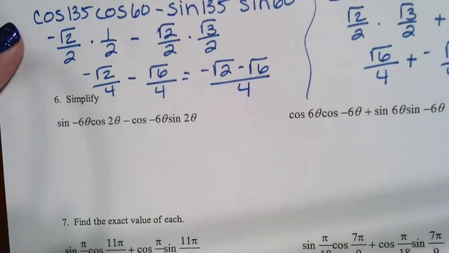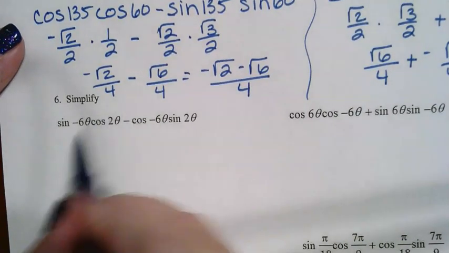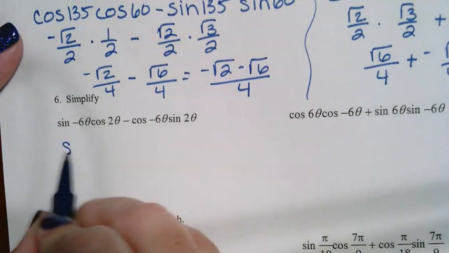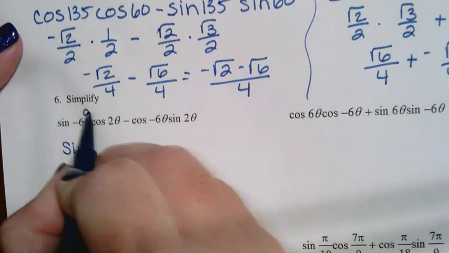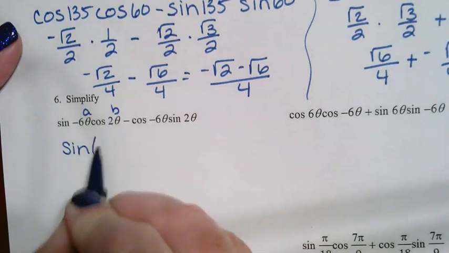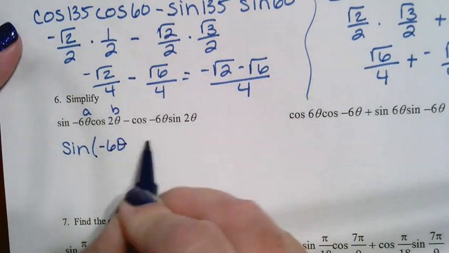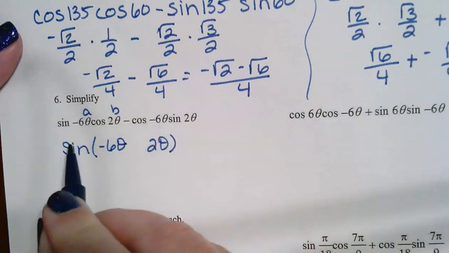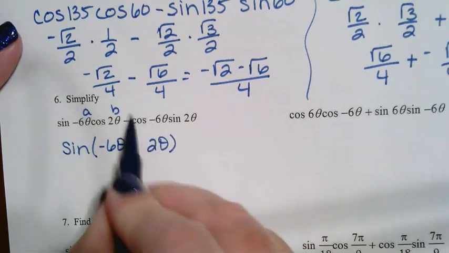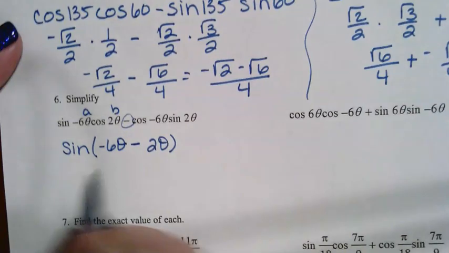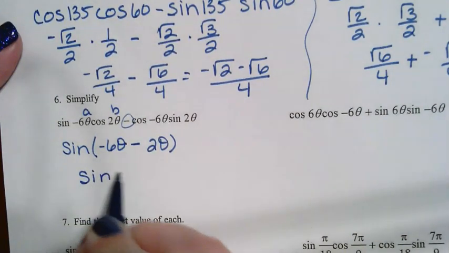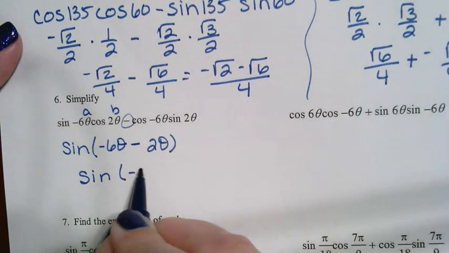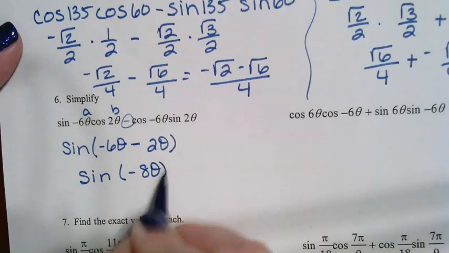Okay. So let's come to this one. We're just going to simplify. What was the original problem? So it's a sine equation. Here's my A, here's my B. So negative 6 theta. Give yourself some space, 2 theta. This is sine. We never clap, so we're going to keep this, so minus. So this is just going to be sine of negative 8 theta.